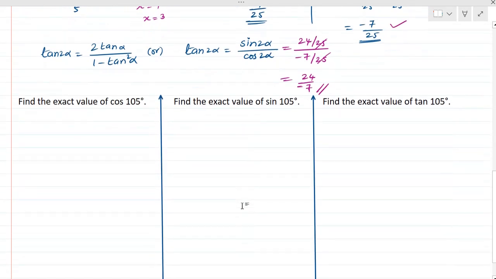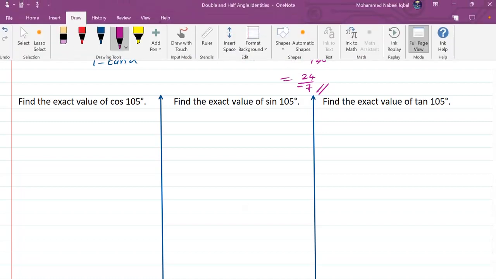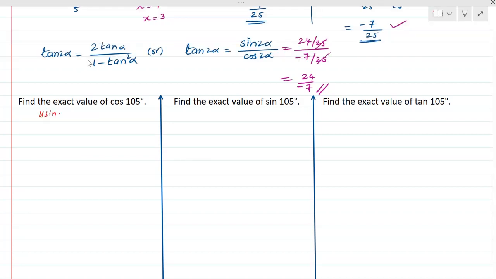Now let us go with the next one, half angle. In the question they will mention: find the exact value of cosine 105 using half angle identity. So using the half angle.